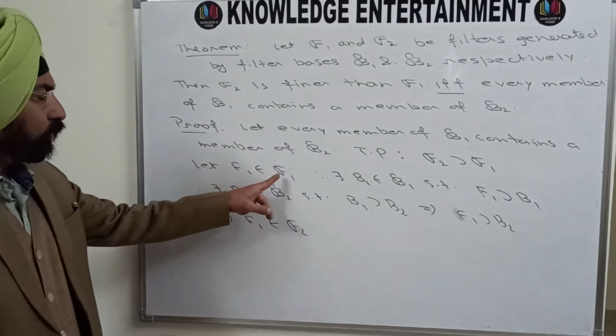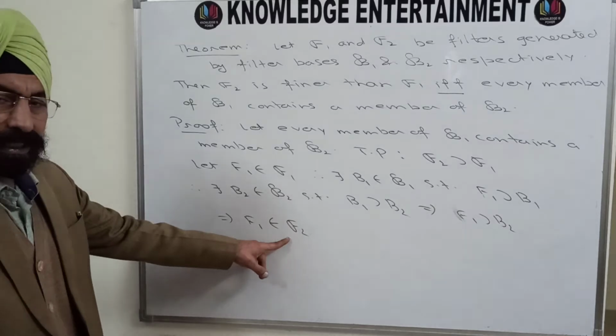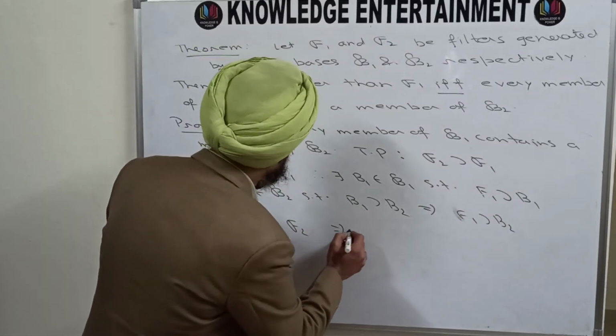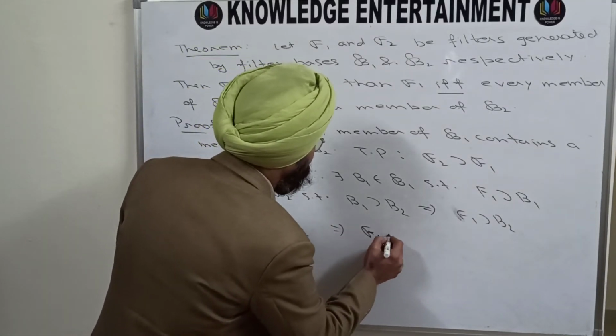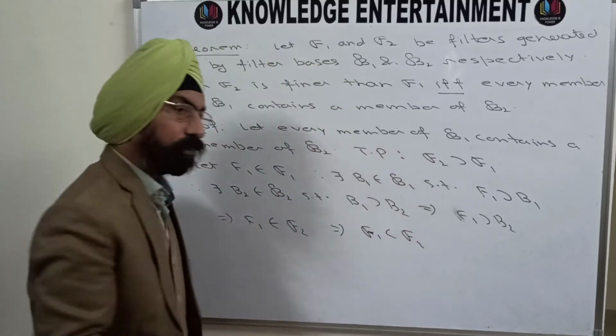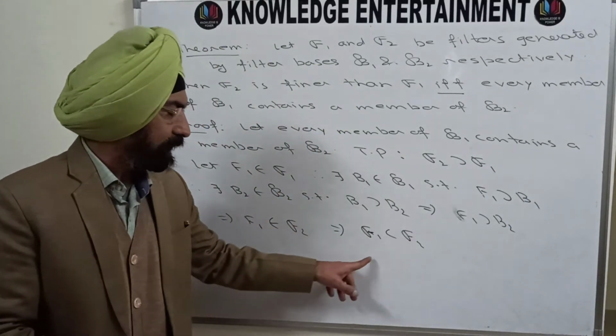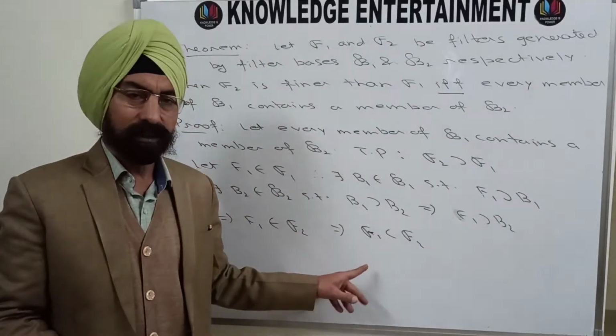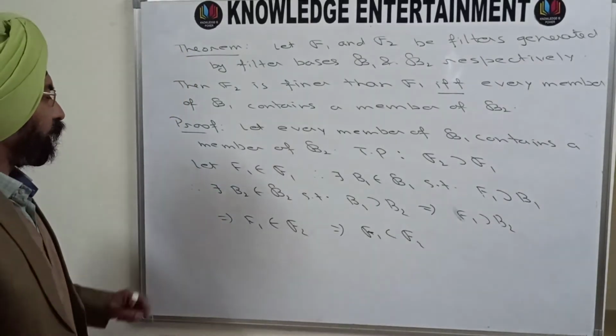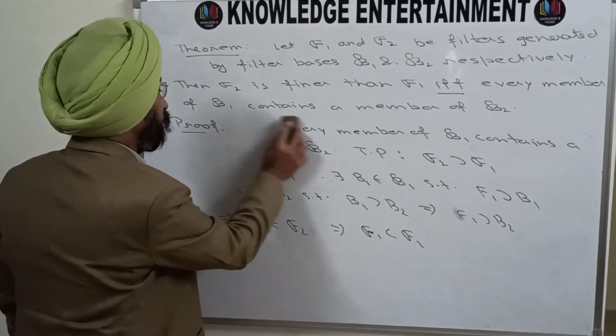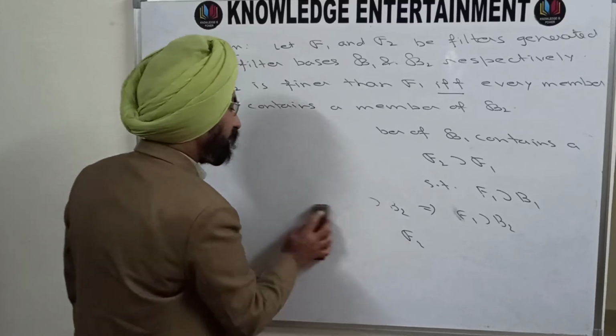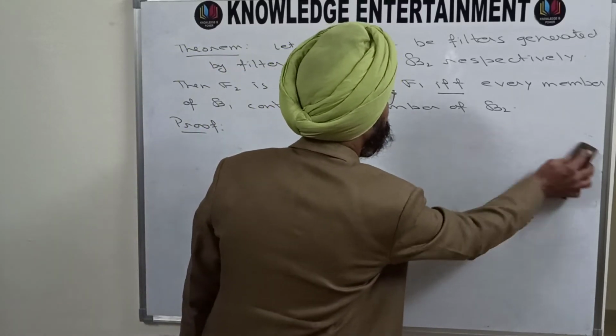We have taken F1 from F1 and now F1 comes in F2, so this proves that F1 is a subset of F2. That means F2 contains F1, or you can say F2 is finer than F1. So the direct part we have proved, and now we will move on to the converse part of this theorem.